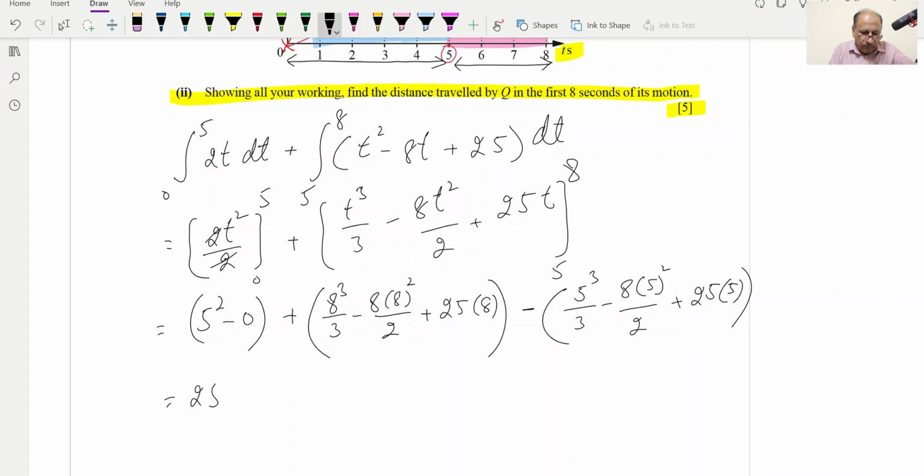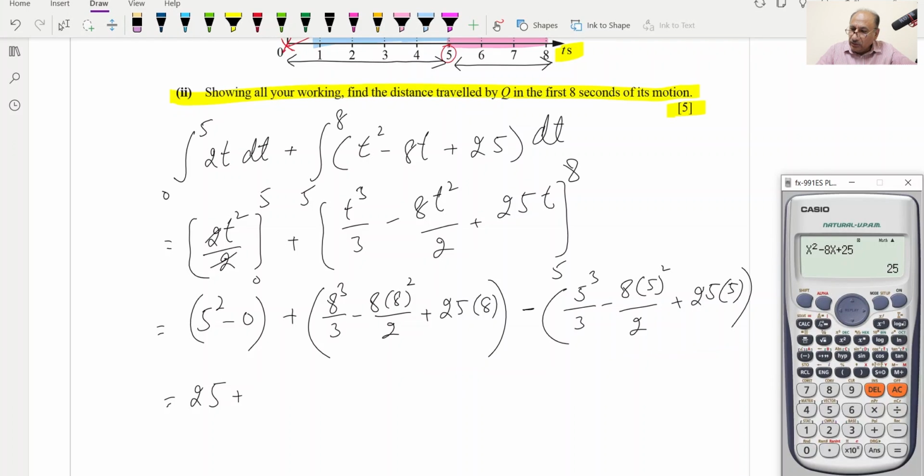This will be 25, and plus we can calculate this separately and this separately, and we will write it over here with the help of a calculator.